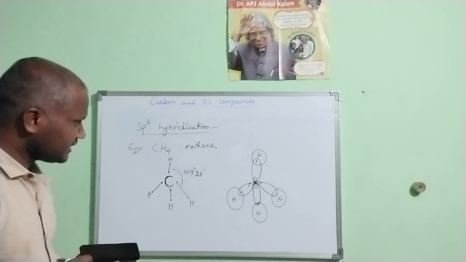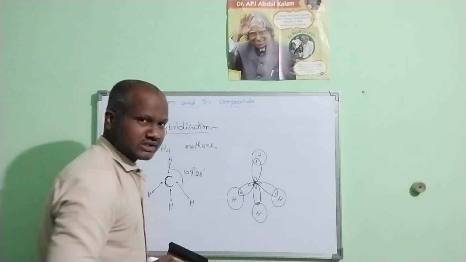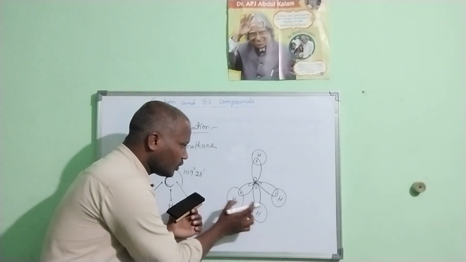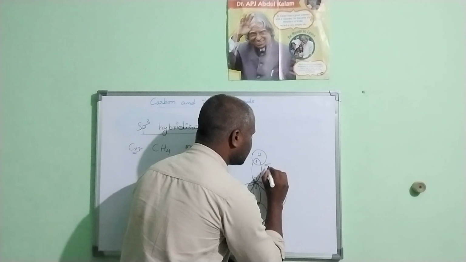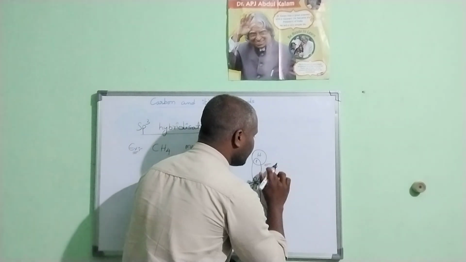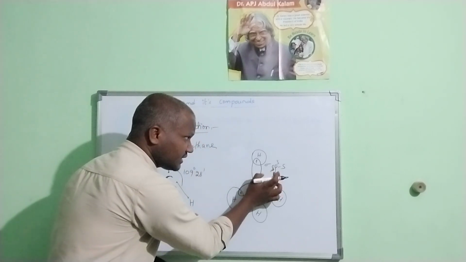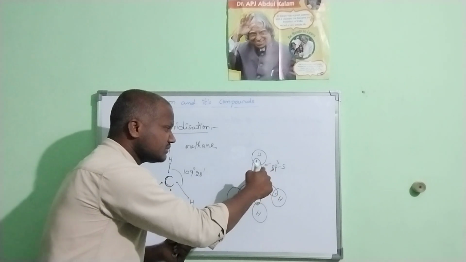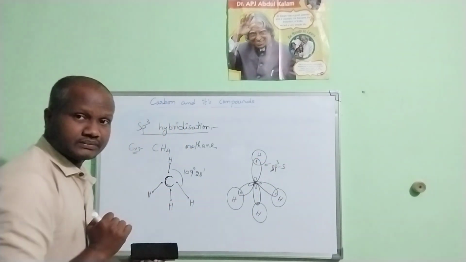In the structure of methane, how many bonds are formed? 1, 2, 3, 4 bonds. These 4 bonds are overlapped end to end, so we call this kind of bond a sigma bond. Sigma sp3-s: sp3 is one s orbital and three p orbitals from carbon, and this s is from the hydrogen atom.